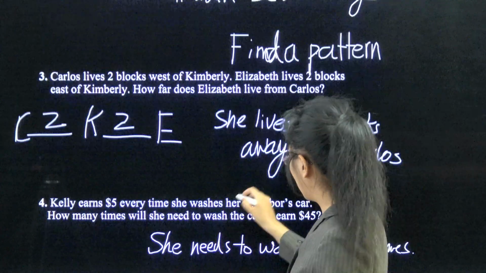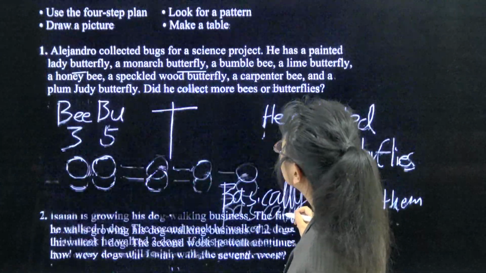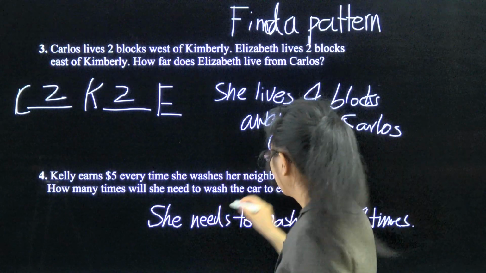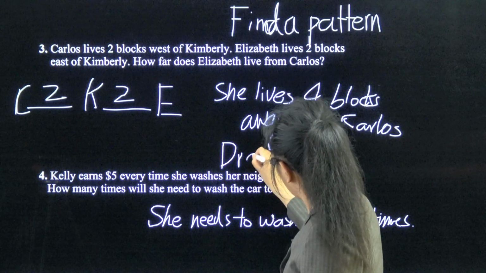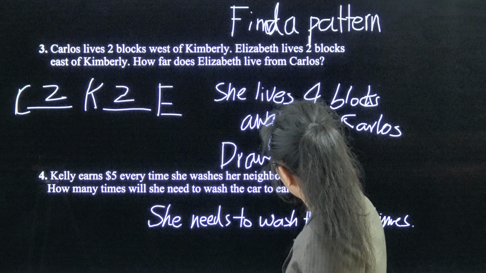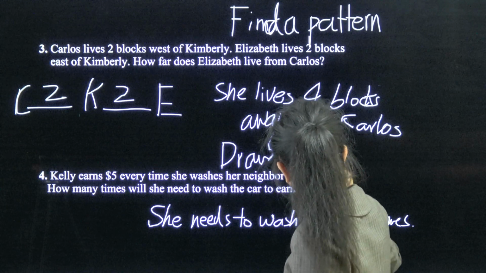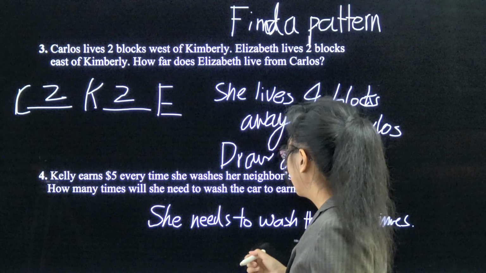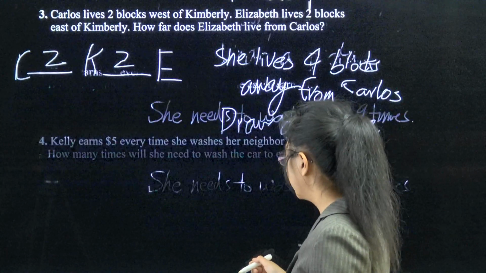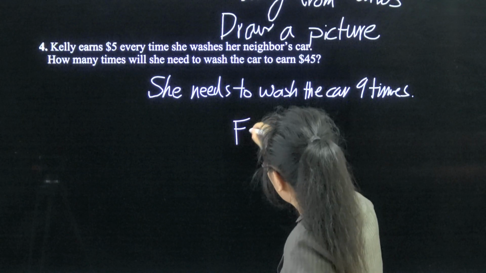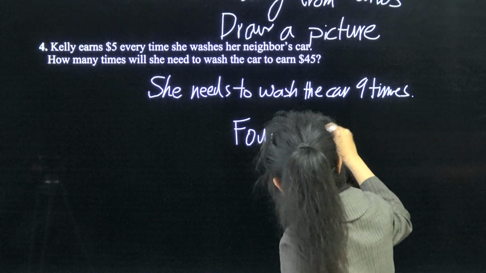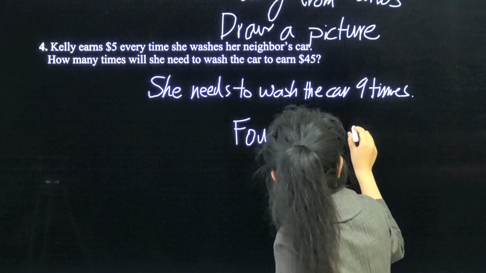Here, it's draw a diagram. Is that one of them up there? Draw a picture. And here we're just going to call it the 4-step plan. Technically, we just planned it as math.